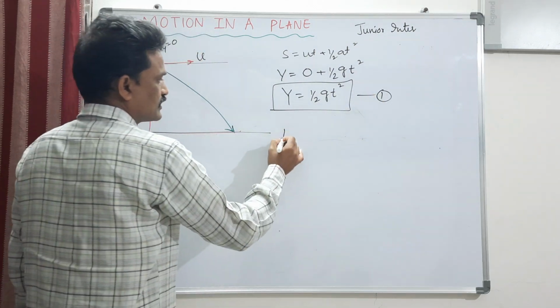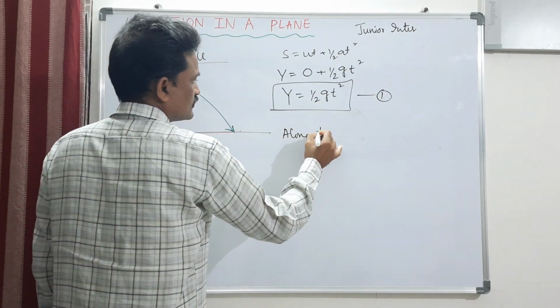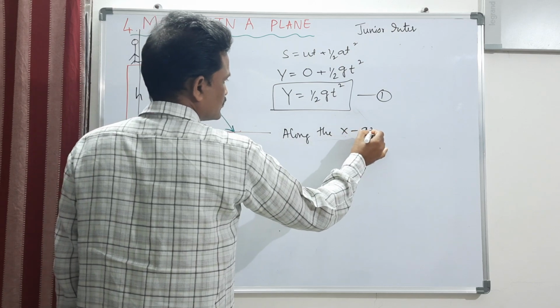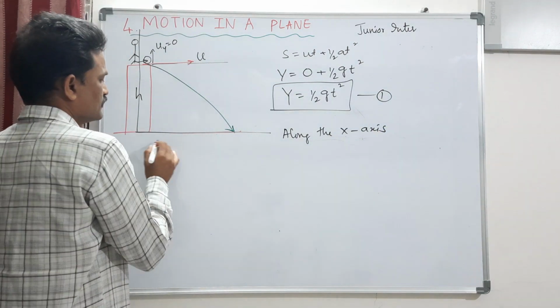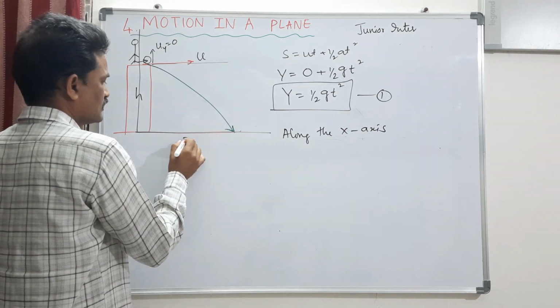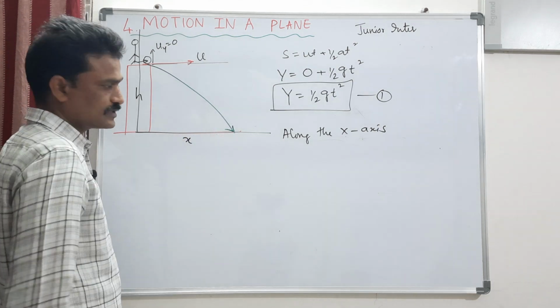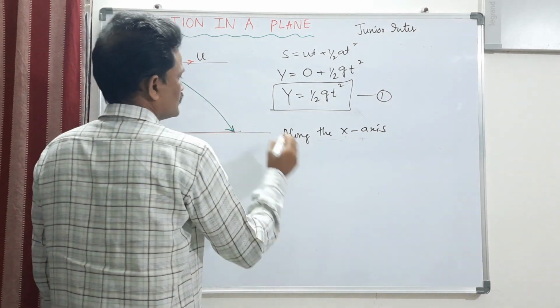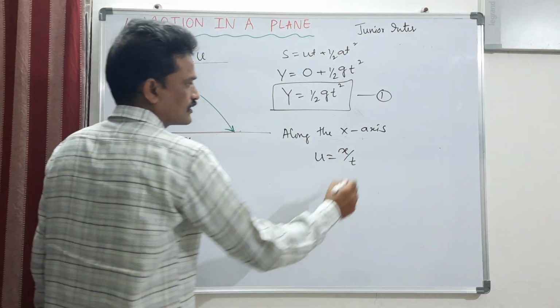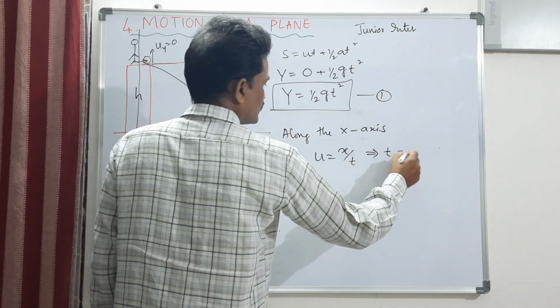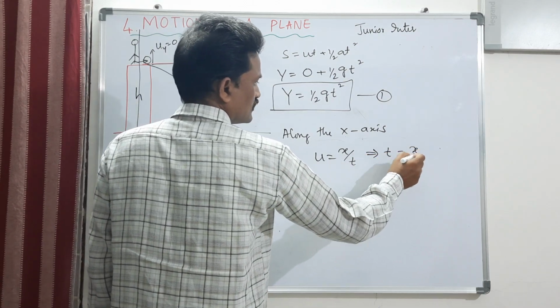Now along the x-axis, velocity is displacement by time. At a certain time t, let us say the displacement along the x-axis is x. So u is equal to x by t, or t is equal to x by u.